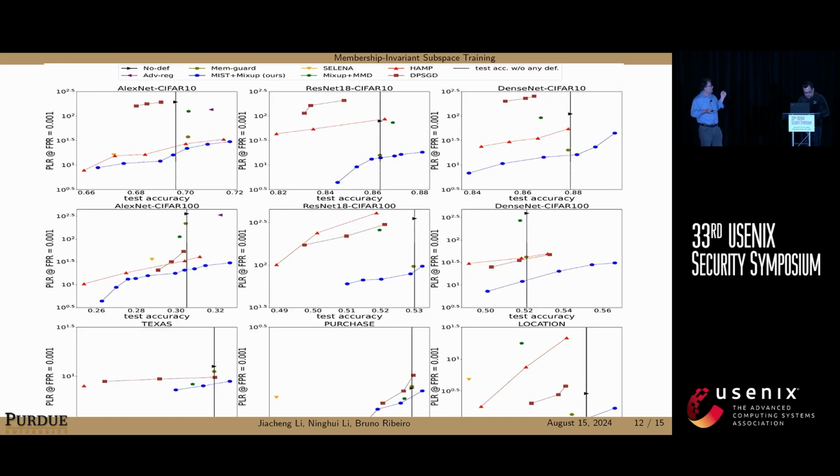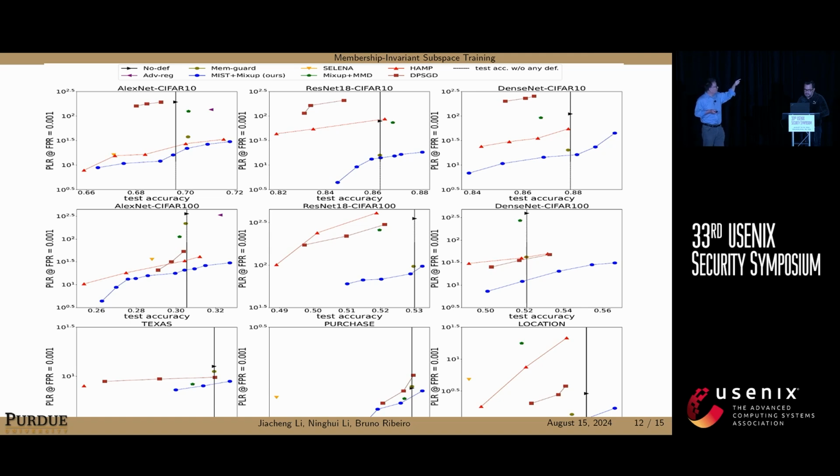This slide shows the main comparison result. The x-axis is testing accuracy, and the y-axis is the attack accuracy. Ideally, we want to be on the bottom right, because that means high test accuracy and at the same time low attack effectiveness. By varying the degree of the cross loss reduction training, we can get a line.